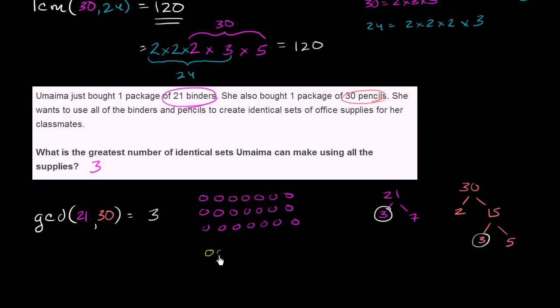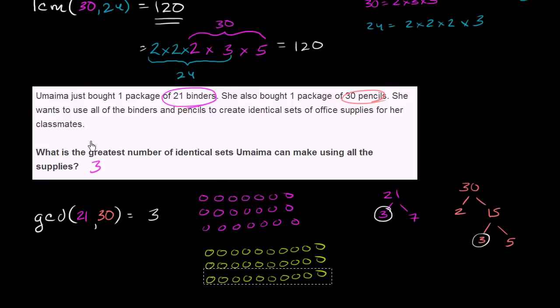So 1, 2, 3, 4, 5, 6, 7, 8, 9, 10. Let me just copy and paste that. This is getting tedious. So that's 20, and then paste. That is 30.